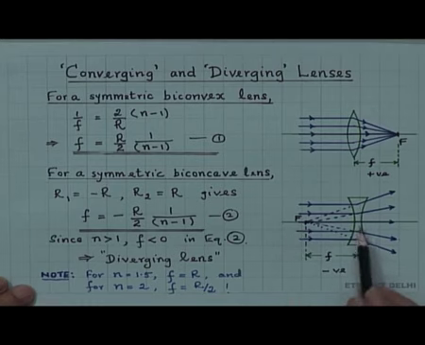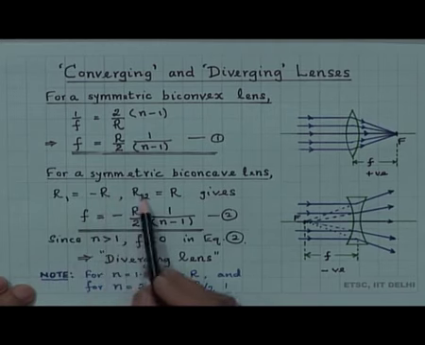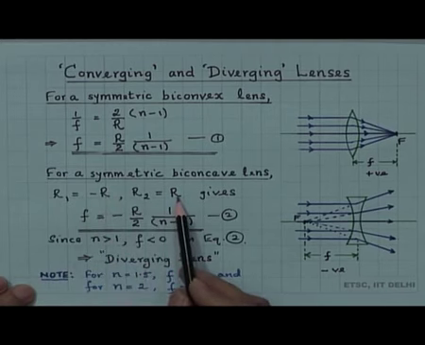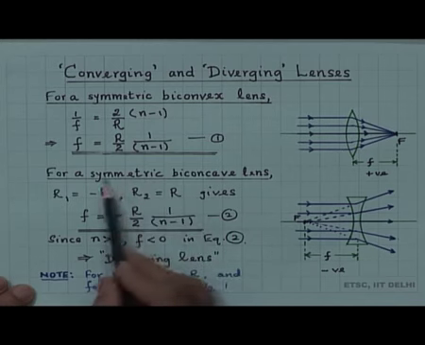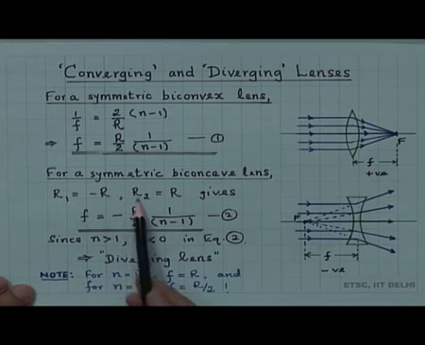R2 has its center of curvature on the other side, and therefore it has a positive radius of curvature. So R1 is equal to minus R, R2 is equal to R, both equal in magnitude because it is a symmetric lens, and this gives f is equal to minus R by 2 into (n minus 1).